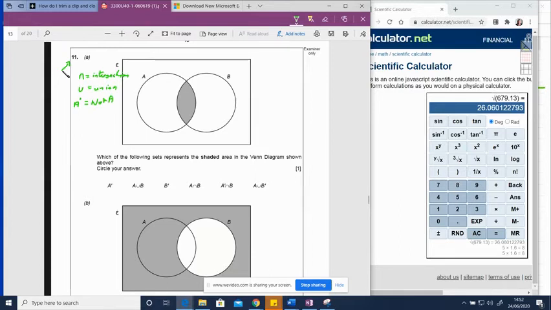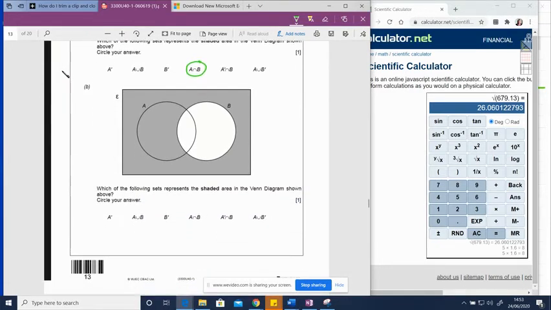So first part of the question, which of the following sets represents the shaded area in the Venn diagram above? So this shaded area here is the intersection between A and B. So if we look at the options, and here we have A intersection B. That's the only one that'll fit.